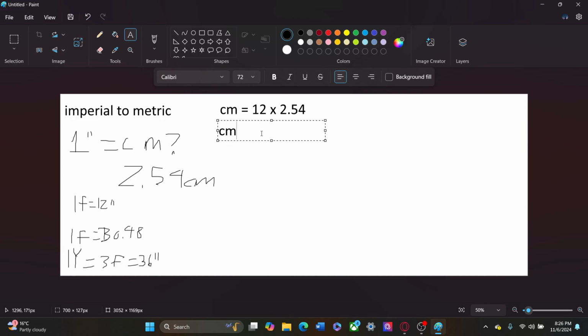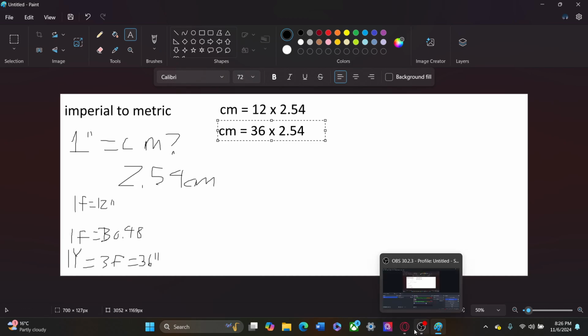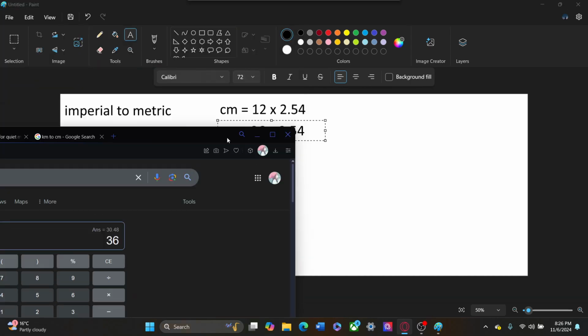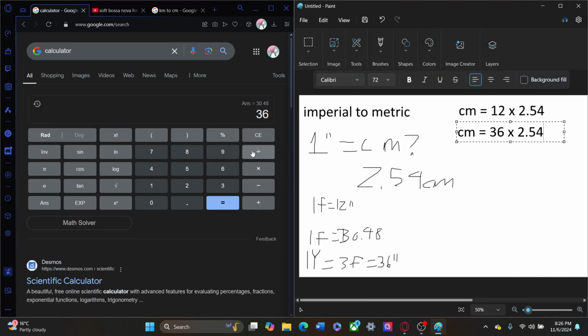But since we're still doing this from inches, instead of putting 12, we're going to put 36 times 2.54, right? And now we do that, 36 times 2.54 equals 91.44. Okay?